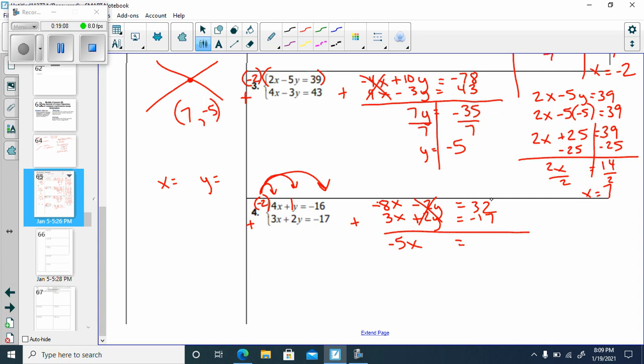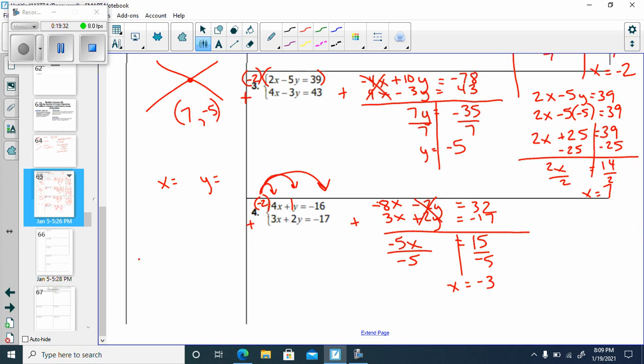That is equal to 32 plus -17. So find the difference between 32 and 17. That would give you 15. Let's divide both of these by -5 so we can get to the answer. And your x is equal to -3.